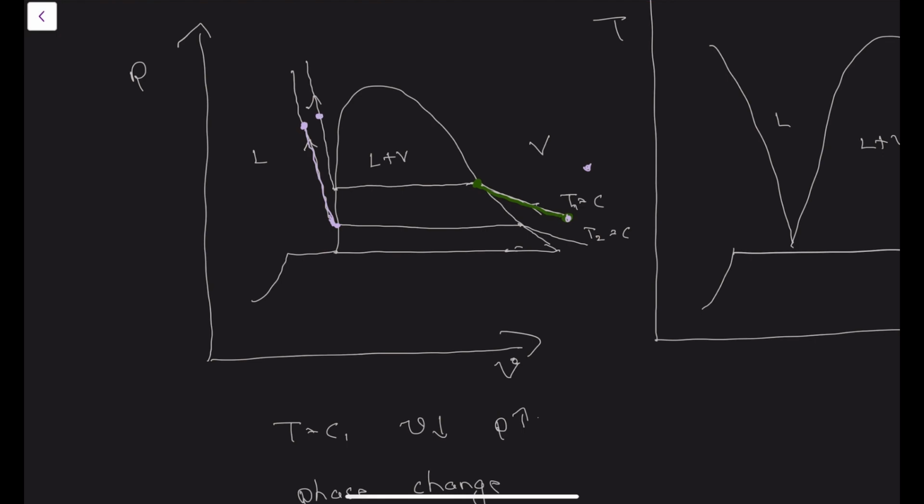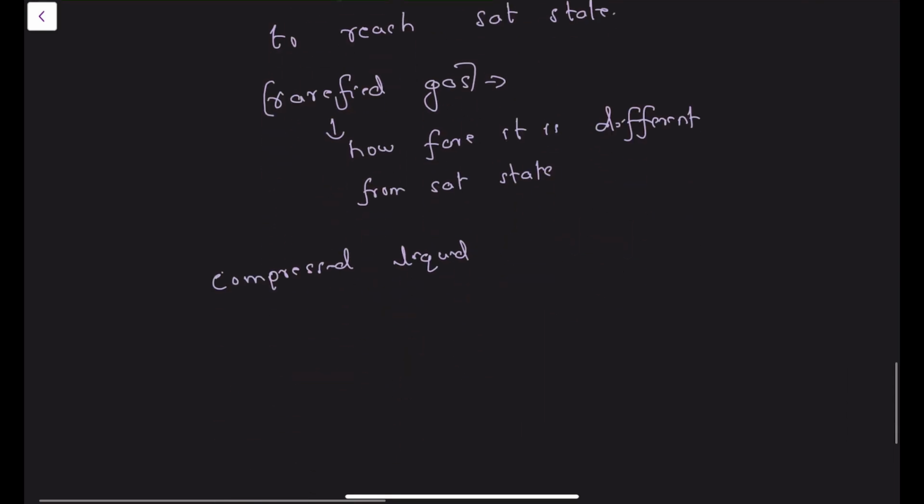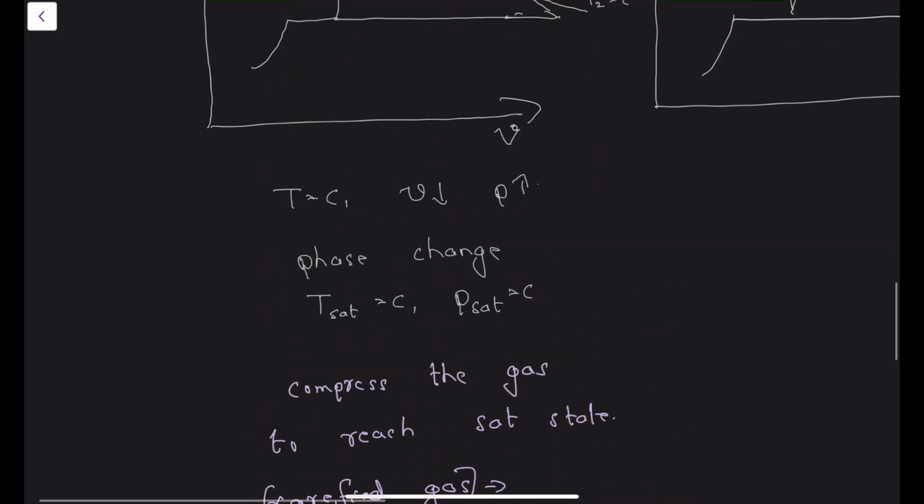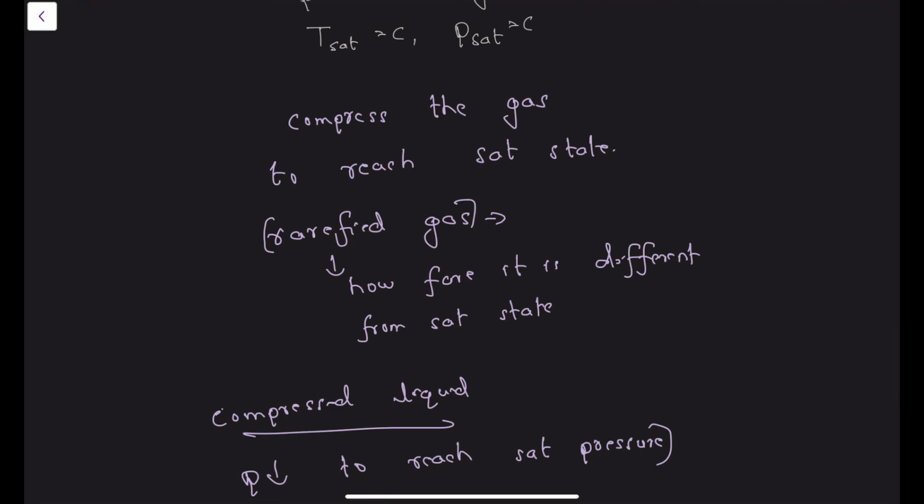If you want to reach the saturation state, the pressure needs to be reduced to the saturation pressure. That kind of liquid is called compressed liquid. This is the difference between compressed liquid and rarefied gas. It shows the difference between the saturation pressure and the real pressure.